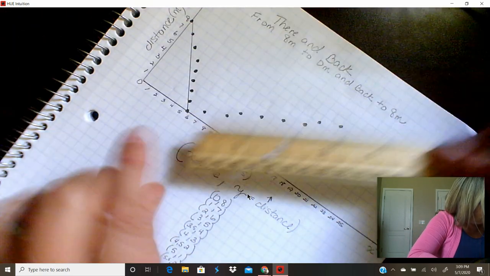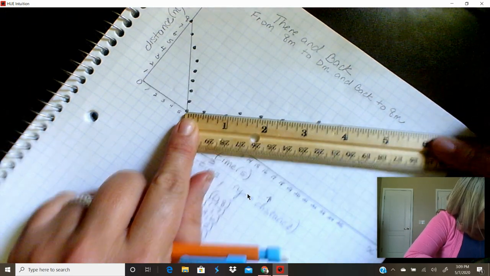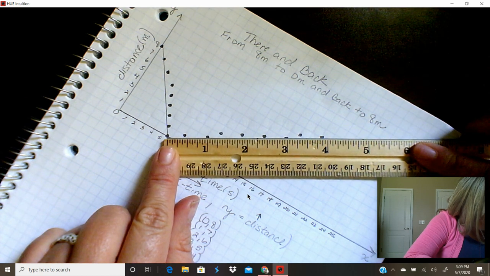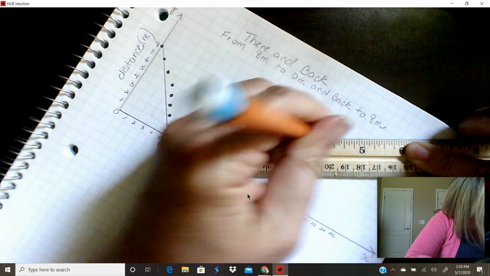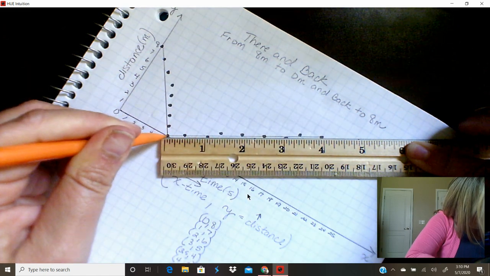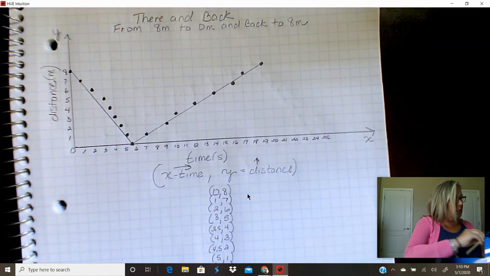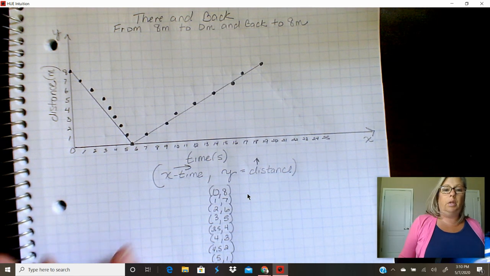And then on the walk back to the sliding glass door from the refrigerator, I tried to keep it as constant as possible, but it's hard to get it perfectly constant. All right, but then you can see that it's not nearly as steep on the way back.